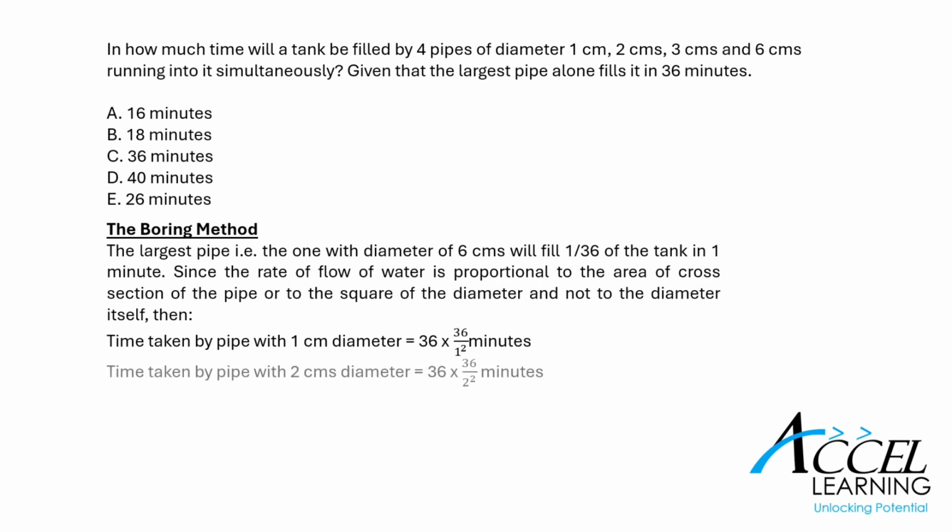Time taken by the pipe with 2 centimeters diameter is equal to 36 times 36 over 2 squared minutes. Time taken by the pipe with 3 centimeters diameter is equal to 36 times 36 over 3 squared minutes.